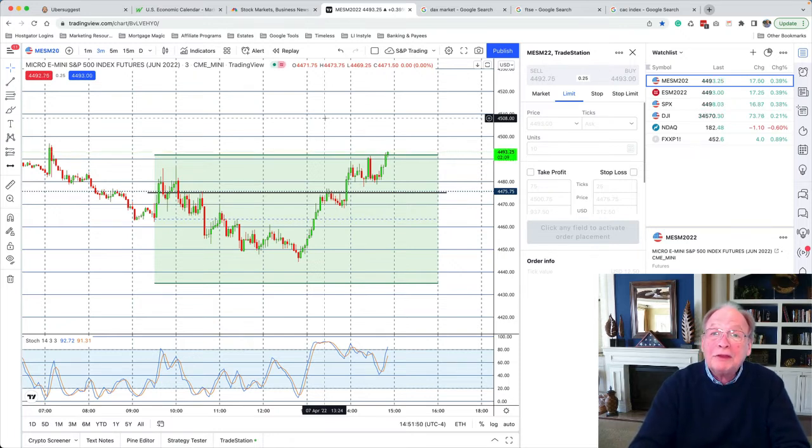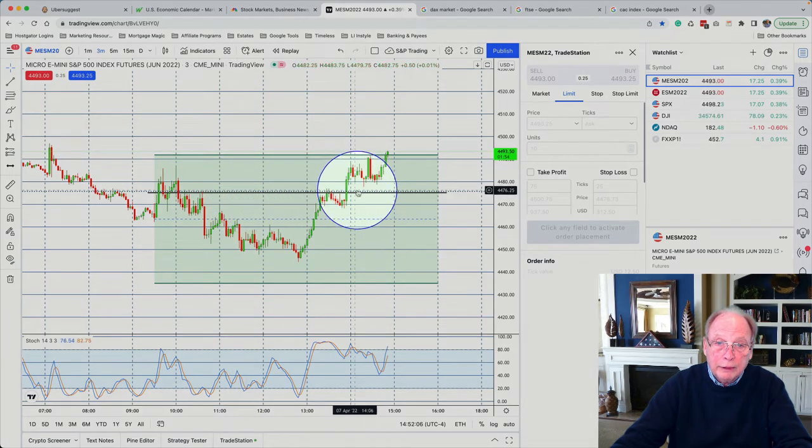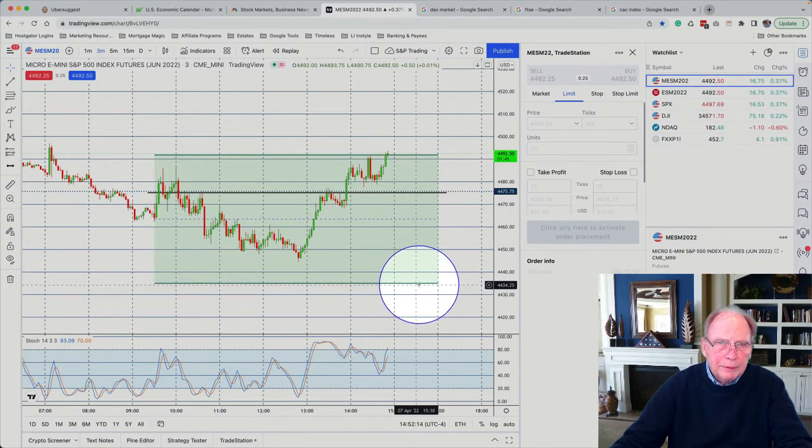Except a couple of things have happened that you can give yourself some information prior to the market session even opening. Two things in particular that I use are the close of the previous day, and I always put a horizontal line right here, which represents the close of the previous day. And I have a rectangle that I draw on my chart, and it's a very particular rectangle.